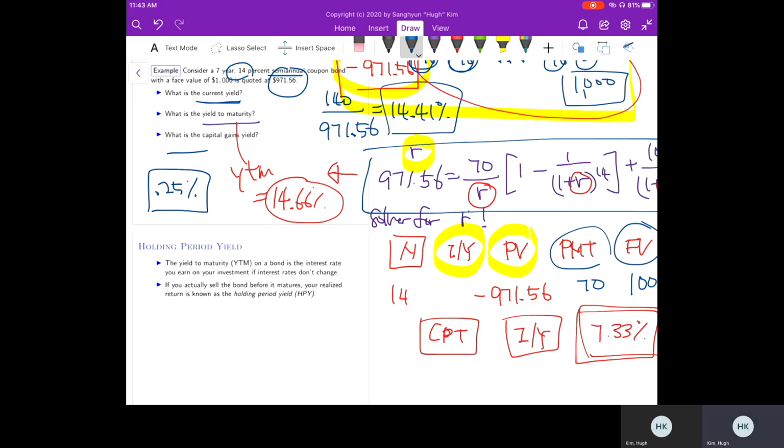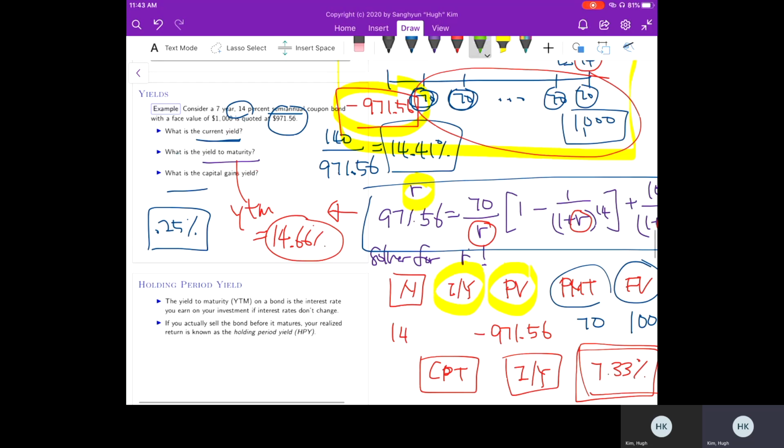Okay, so that's a lot of years, and there are more years to come, which is called holding period yield. Yield to maturity on a bond is the interest rate you earn on your investment if interest rates don't change, or if you hold the bond until maturity.